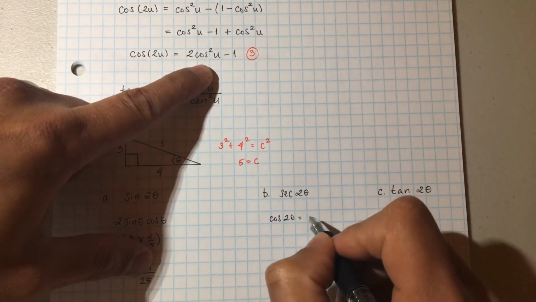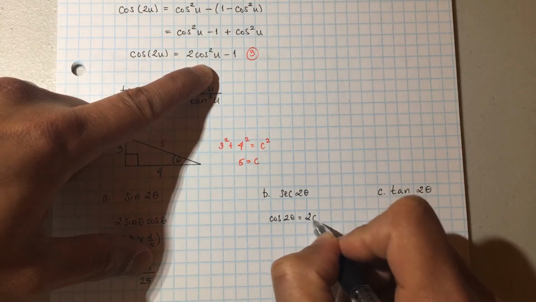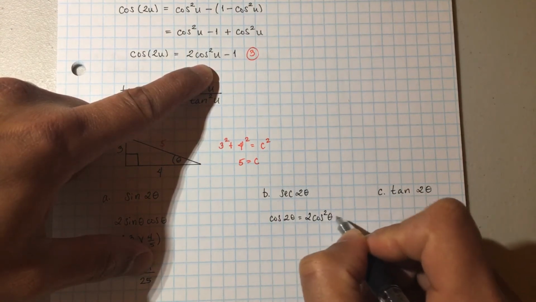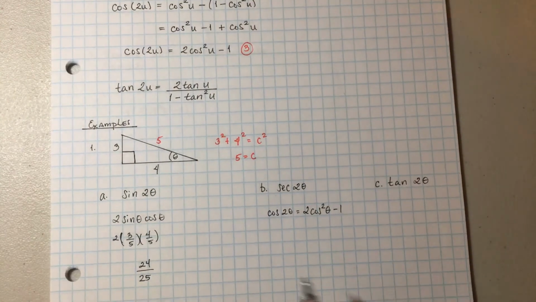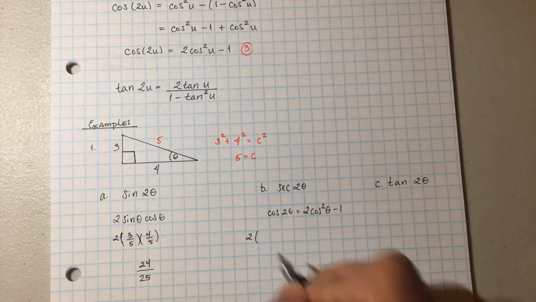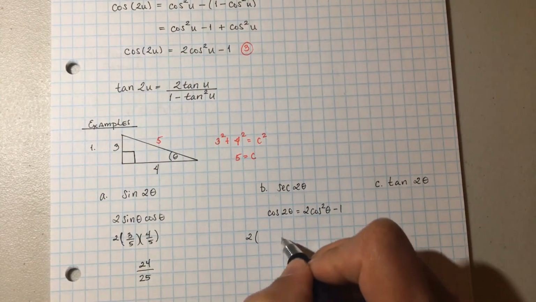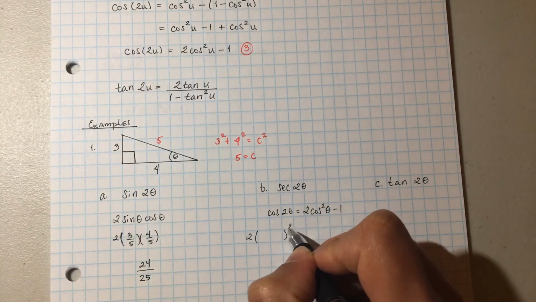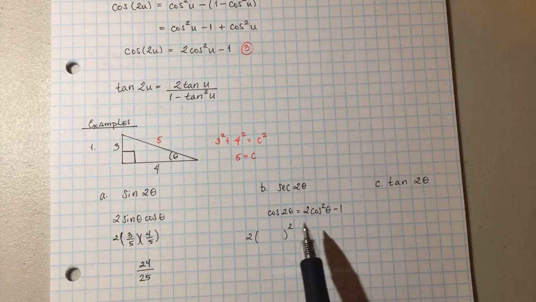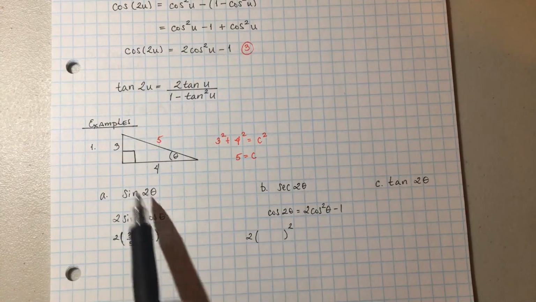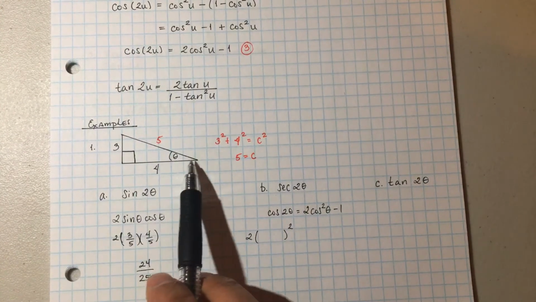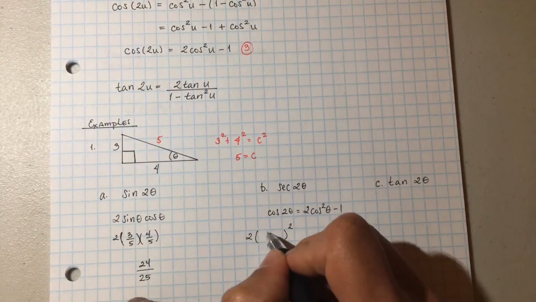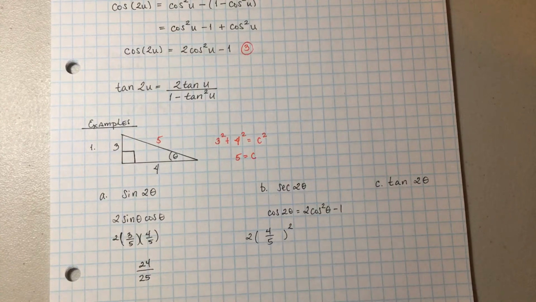So this is going to give me 2 cosine squared of theta, take away 1. So how do you do that one? Well, you've got 2. What's cosine squared of theta? You're going to find cosine of theta, and then square it. We already found cosine of theta. It's adjacent over hypotenuse, so this is 4/5, and that's going to be squared.